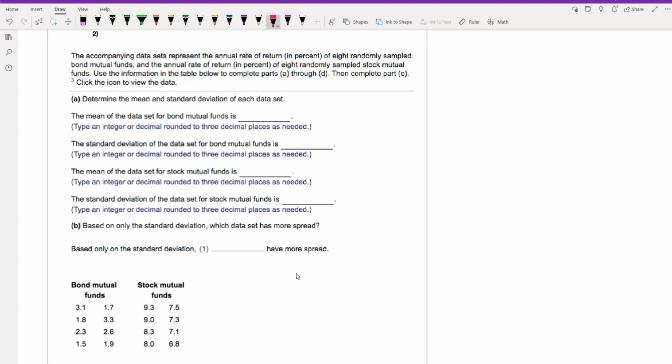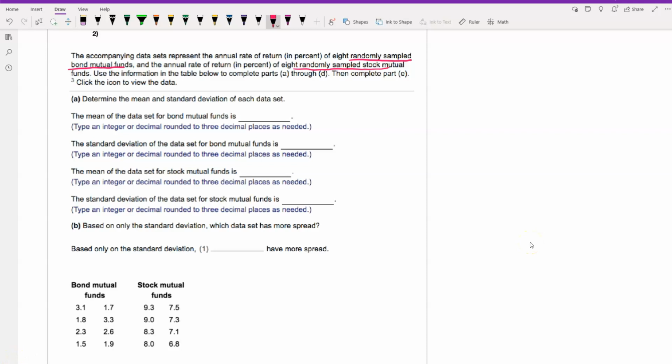Now here on this part we have these 2 data sets, bond mutual funds and stock mutual funds. Part A, it's asking to find mean and standard deviation. So for each one of these data sets, we have 8 randomly sampled bond mutual funds, and the other one is 8 randomly sampled stock mutual funds.